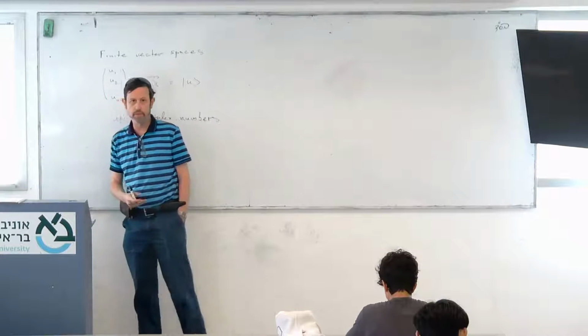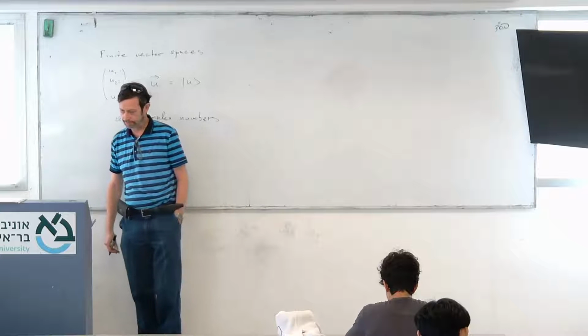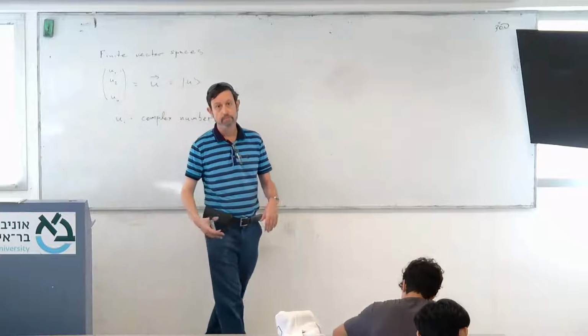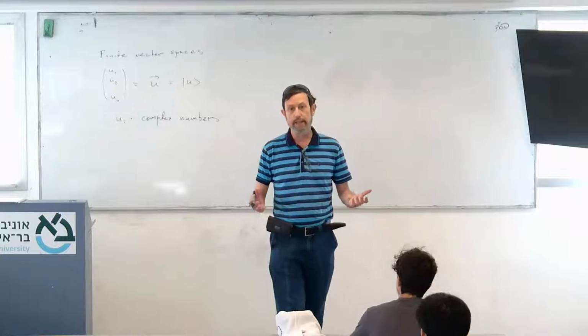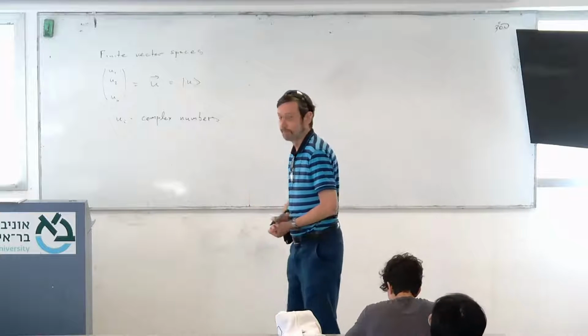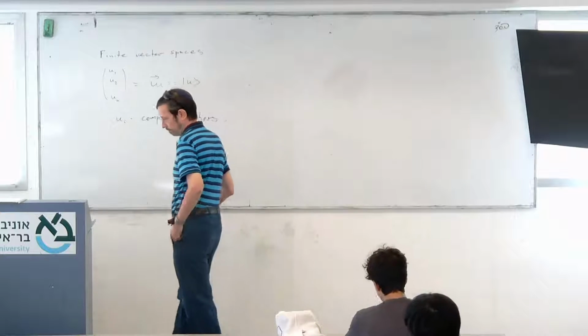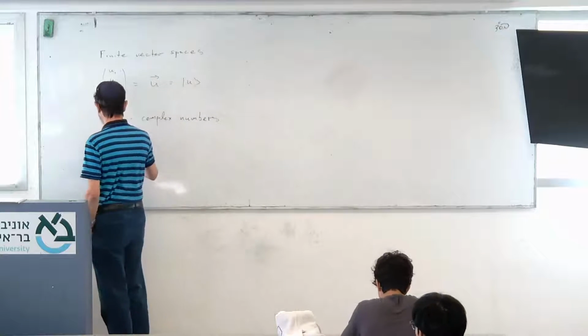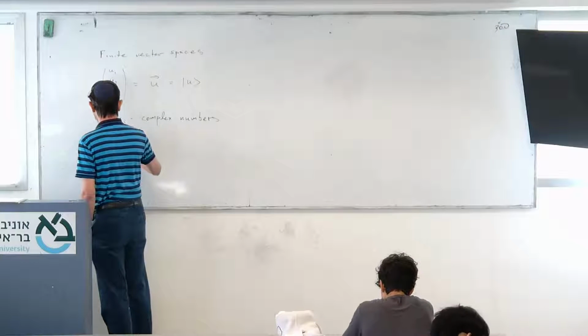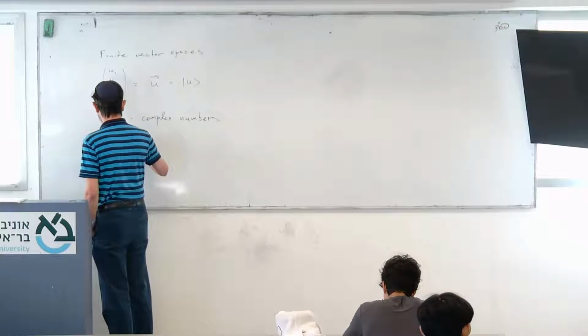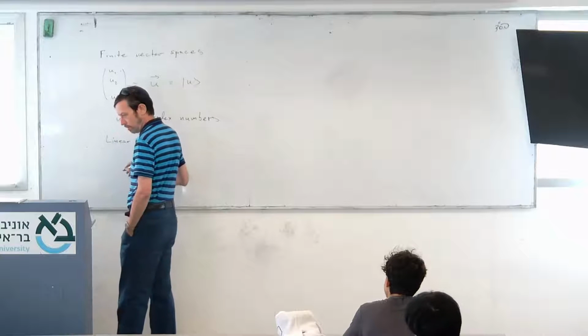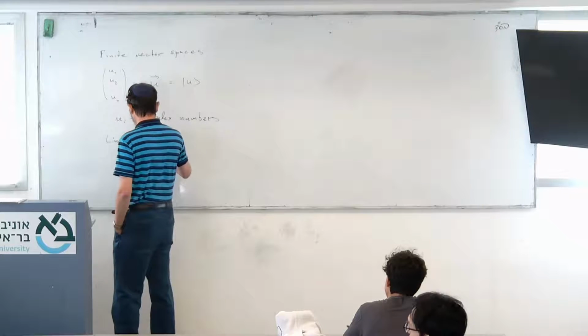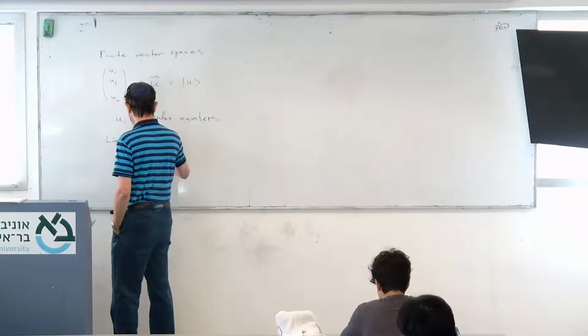So what can we do with these vectors? We can add them, known in the lingo of linear algebra as linear combination.